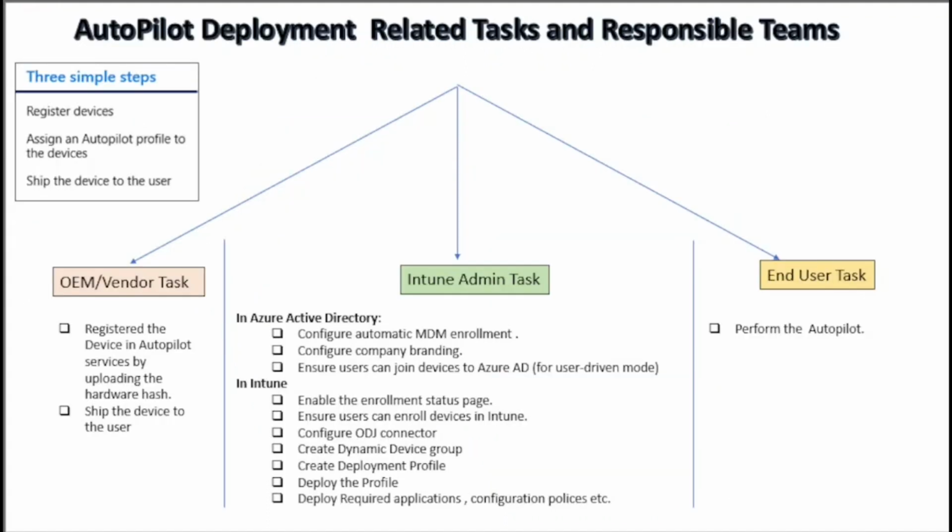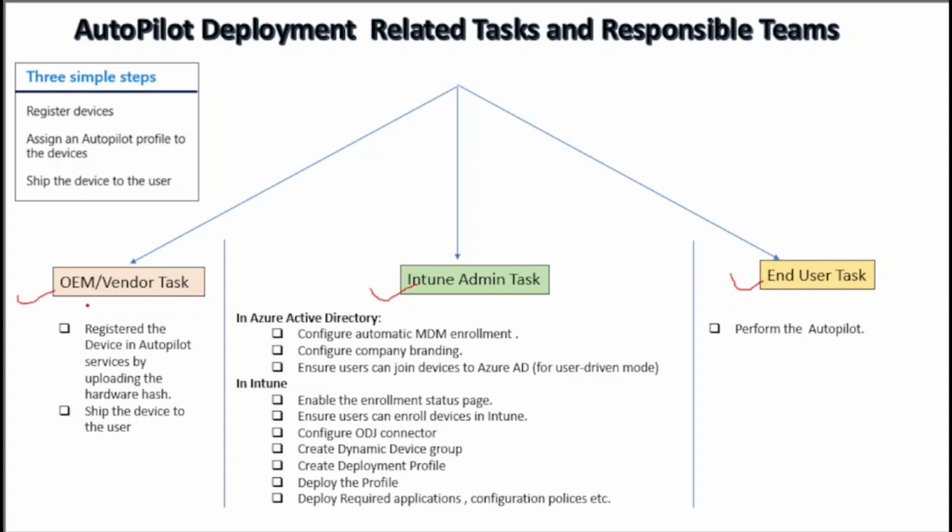Now let's discuss the Windows Autopilot deployment related tasks and responsibilities. By this time we know that there are mainly three players involved in the Autopilot deployment. The very first one is the OEM or vendor, the second one is the Intune administrator, and the third one is the end user. Each player has different tasks and responsibilities when we are talking about Autopilot.